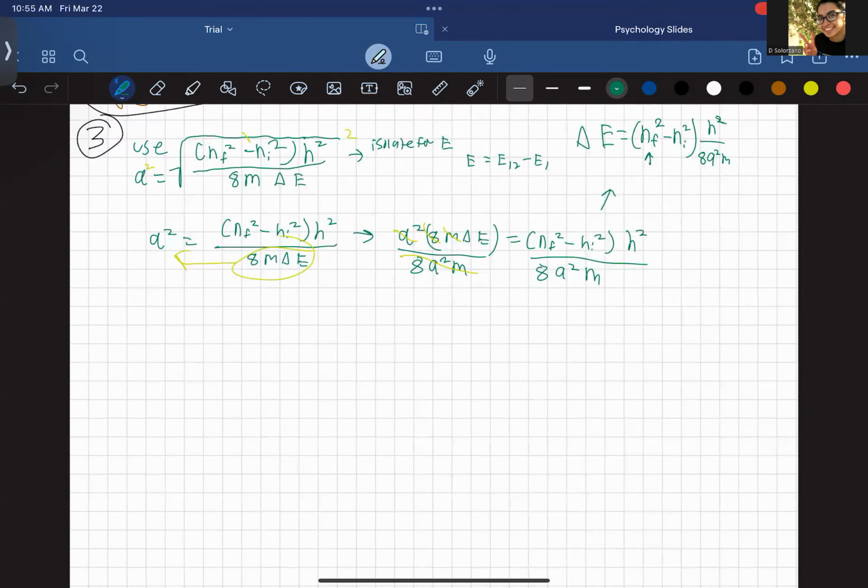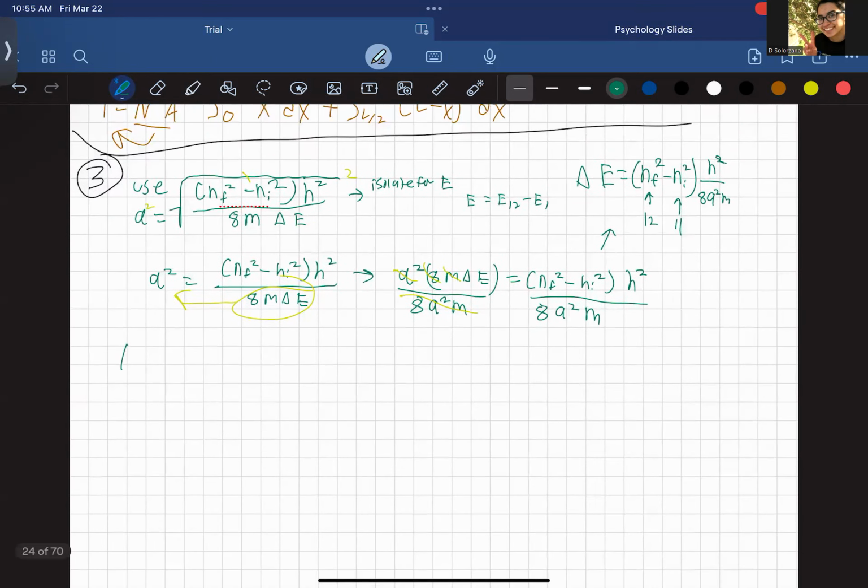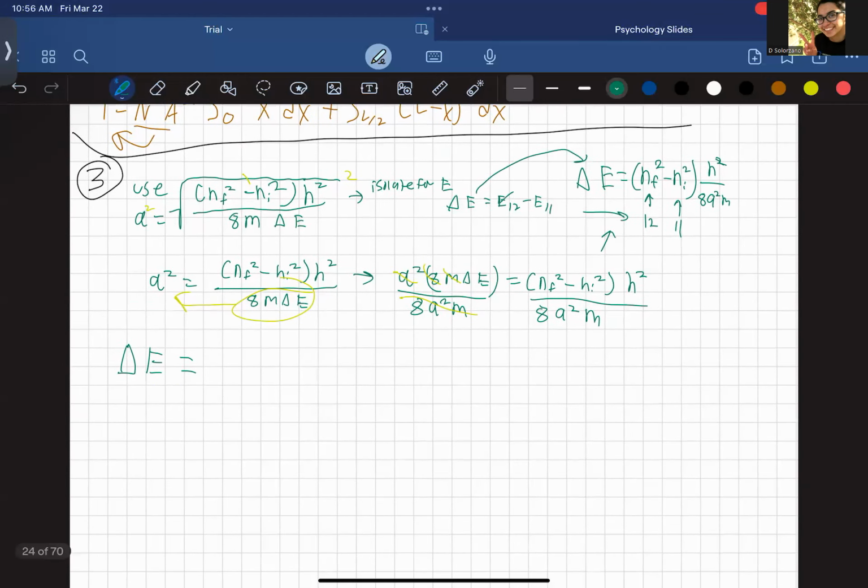So then we can go ahead and know that that's going to be 12 and that's going to be 11. I don't know how much longer we have on the Zoom. We'll just leave it there for now. Also, because we've already got this 12 and 11, this is the delta E. So this is what we're solving for. So we don't really need that.